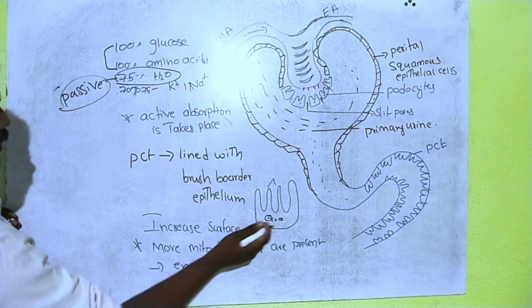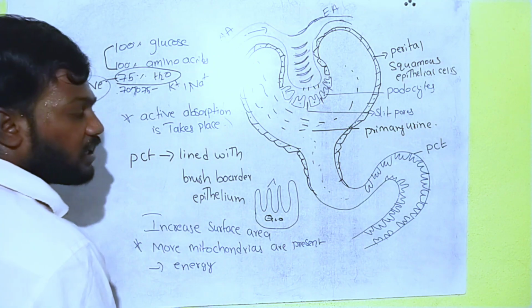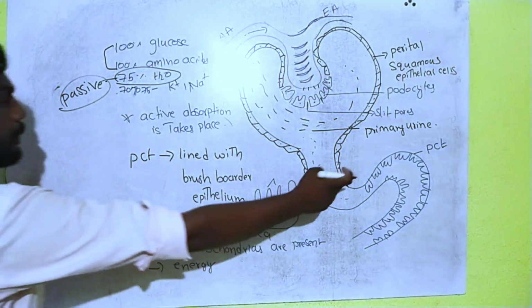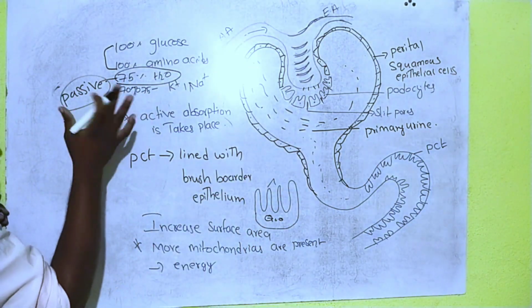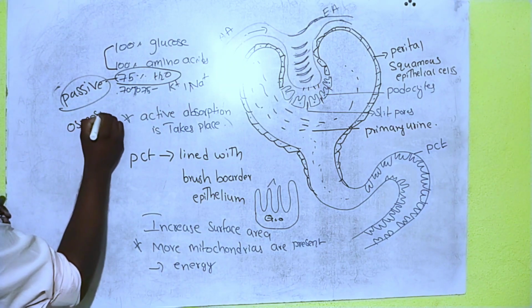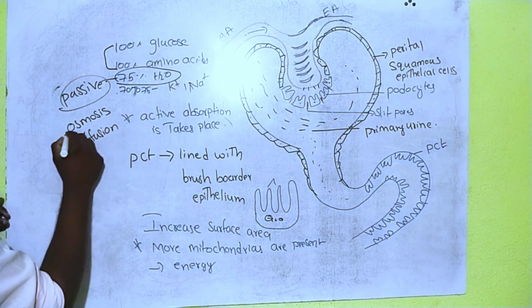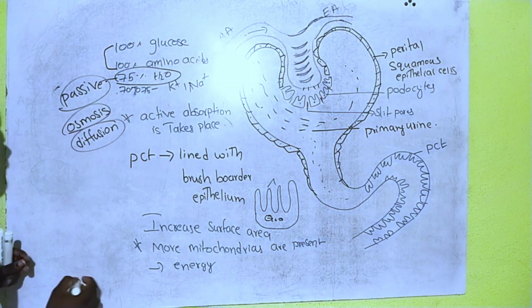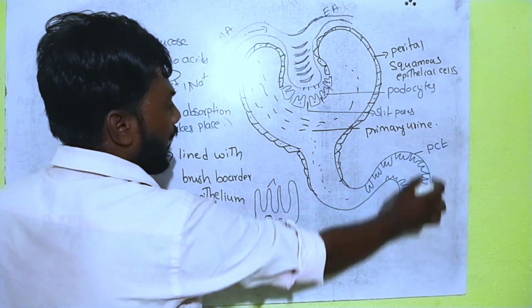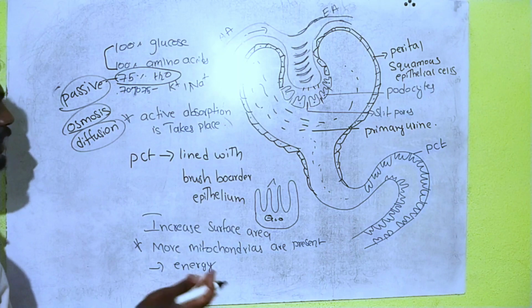But the water absorbed here in the PCT region, 75%, is absorbed by the passive process, not active. Passive means osmosis and diffusion. All of us know osmosis and diffusion from class 9. Here water is absorbed by osmosis, and the osmosis process does not require energy.